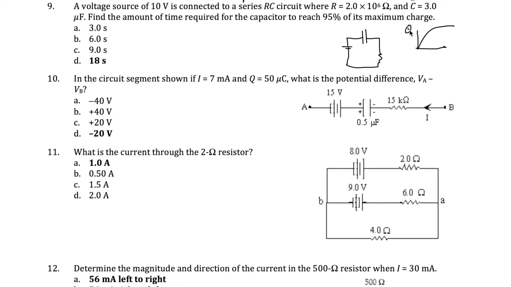The graph looks like this, the charge per time. To get to almost its maximum charge, right here, that's 95% of the maximum charge, we're looking for this time. So we have to find the equation that tells us how charge varies with time for a charging capacitor.